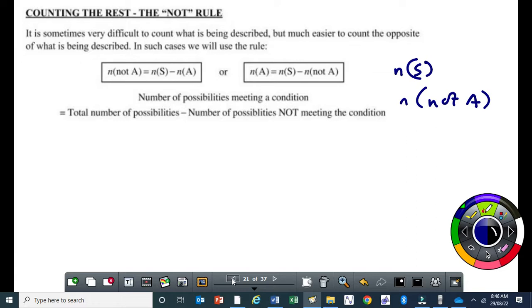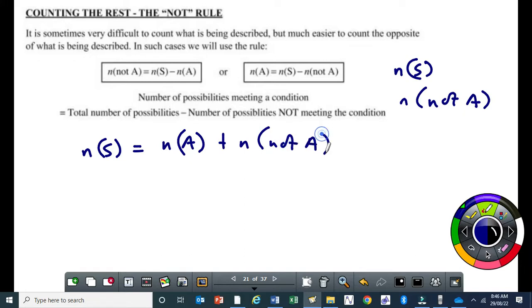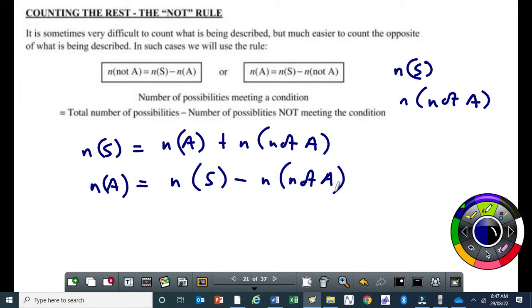So your NS will always be equal to the number of elements in A plus the number of elements not in A. This now makes NA equal to NS minus N not A. The next question, which I also asked you to do over the weekend, will require you to use this concept because it's a little bit more complex.